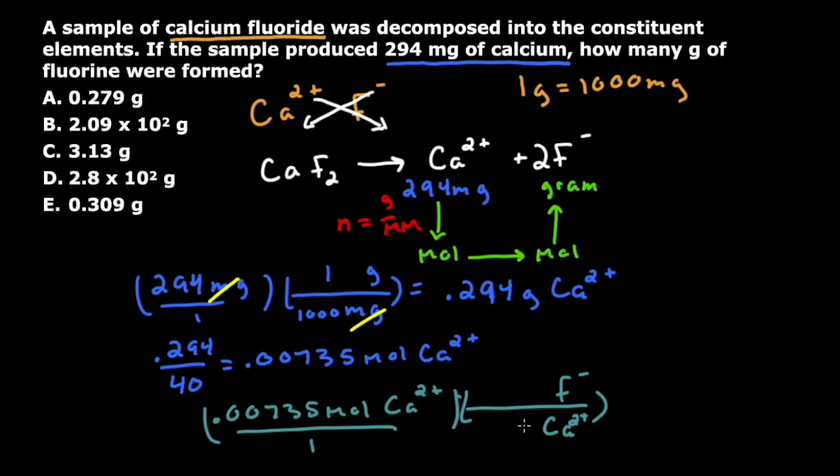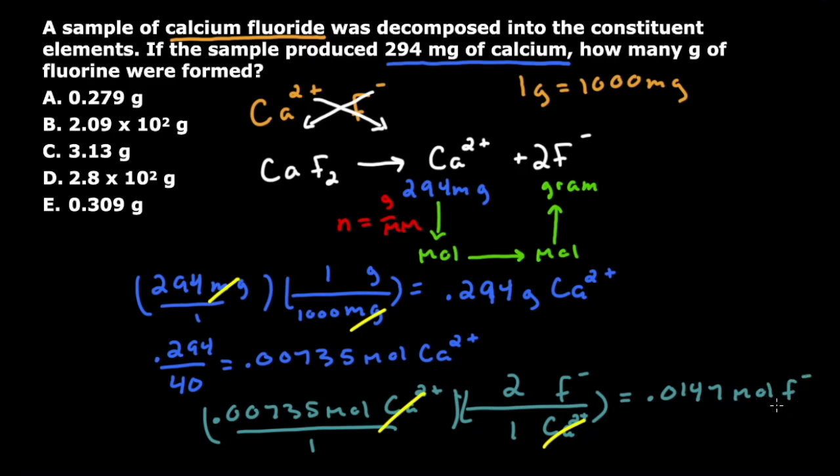And for the numbers that go in here, I'm going to look at the chemical reaction. Because there's a 2 right here, I'm going to put a 2 right there. And because there's a 1 right here, I'm going to put a 1 right there. And just how they canceled out before, this chemical there and that chemical there will cancel out. Then when I take this number times 2 and divide it by 1, I'm going to get 0.0147, and this will be moles of F-.